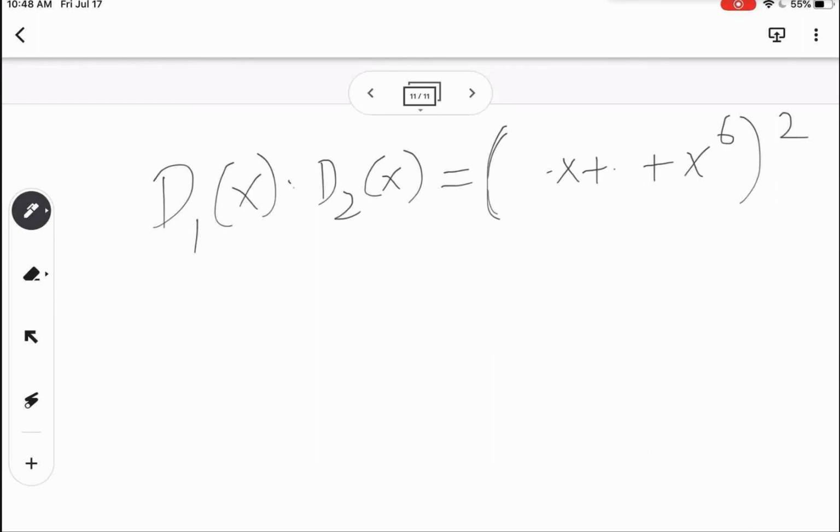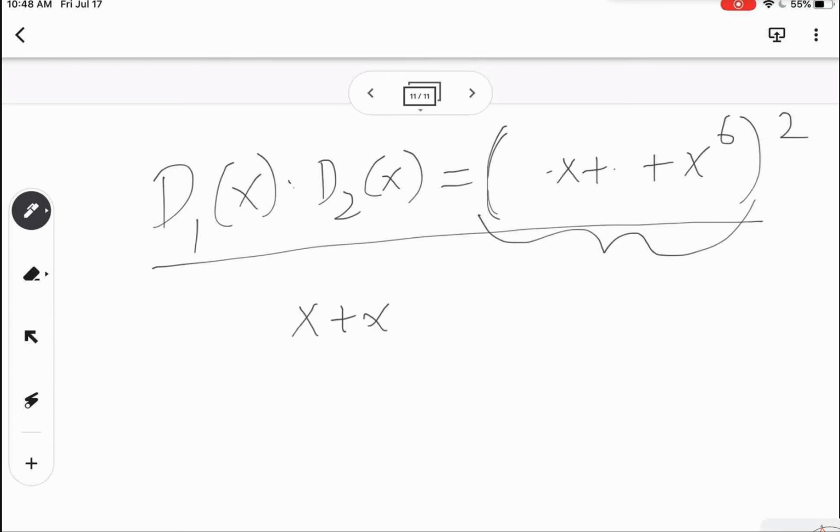Now that we have formulated this problem in terms of polynomials and generating functions, the most obvious solution path would just be to factor this, right? We want to find two factors that can give us a valid choice of d1 and d2. First of all, x plus x squared plus all the way to plus x to the 6th has exactly 6 terms, and they're all consecutive.